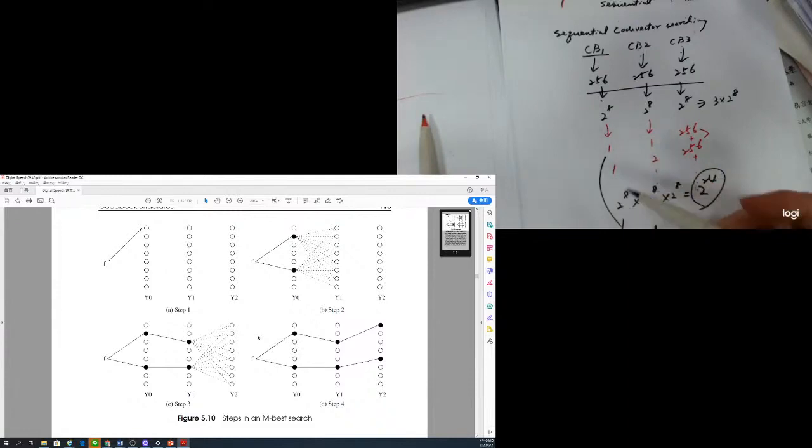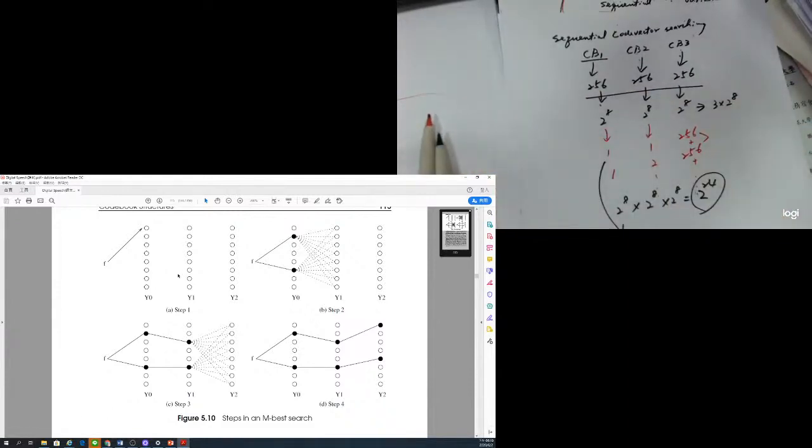First, we try to find, like in this figure, you can see the first step does not try to find only one winner. We try to find two winners. So you can see there will be multiple. You have a match of 256, for example.